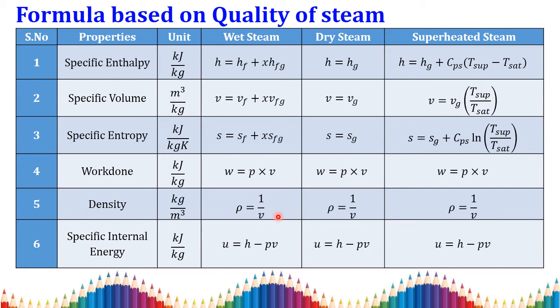Then the specific internal energy can be determined from the relation h equals u plus Pv, so u equals h minus Pv. The specific enthalpy and specific volume depend on the formulas for the state of the steam, so the internal energy will vary correspondingly, but the formula for internal energy is the same for all three cases.